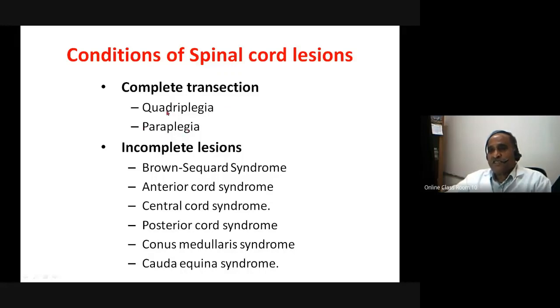Then for lesions at the T10 level or T8 level, below that level, it is paraplegia, where only two limbs are involved. There is another condition called triplegia. Trio means three, that means the two lower limbs and one upper limb are involved. That is because of an incomplete lesion.